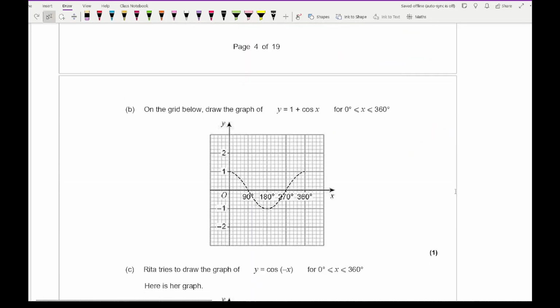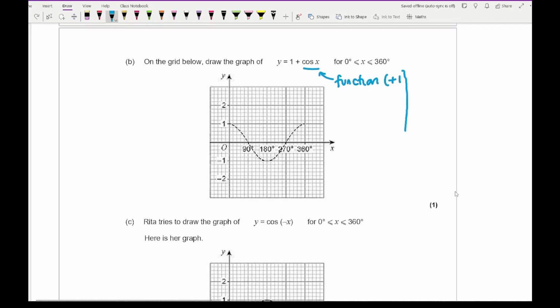Then for part B, here I'm doing something to the function because I can still see I've got cos x. So here I'm doing something to the function and I'm adding 1. Adding 1 to the function means that I'm going to shift it up by 1 place. So again, highlighting the key points, what I'm going to do to each of those points is just move it up 1 place.